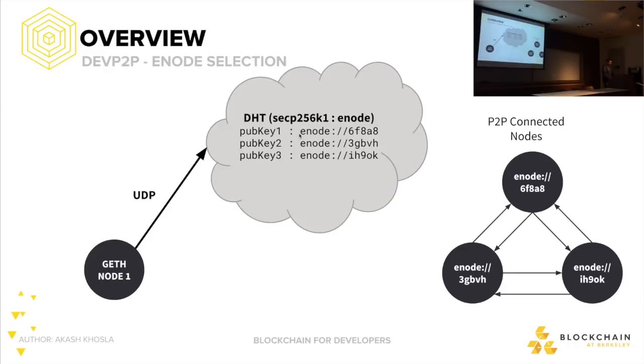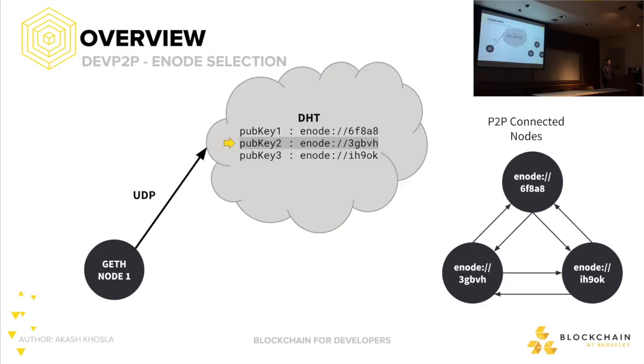This is the lookup table, and my node is going to query the DHT, which is hard-coded into Ethereum clients, and try to find an appropriate enode to bootstrap and download portions of the blockchain. This is actually a randomized process. It just goes through nodes randomly, and in this case we'll select the second one.